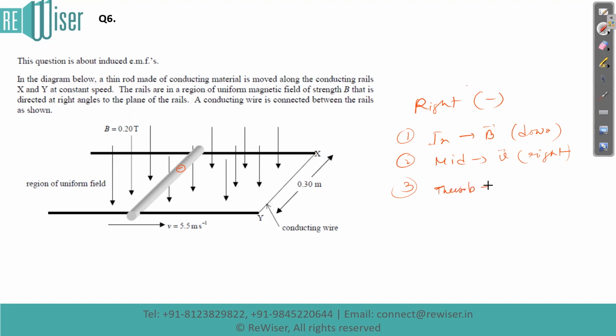The thumb, which shows the direction of the magnetic force, will be pointing towards you, or out of the page. Out of the page. So the force will be applied in this direction. Magnetic force on the electron will be applied in this direction. That's it.